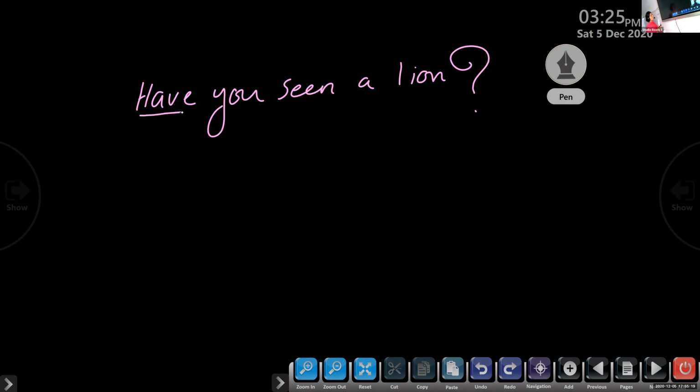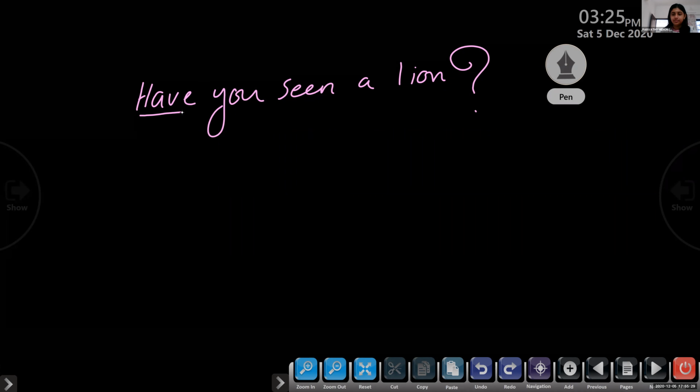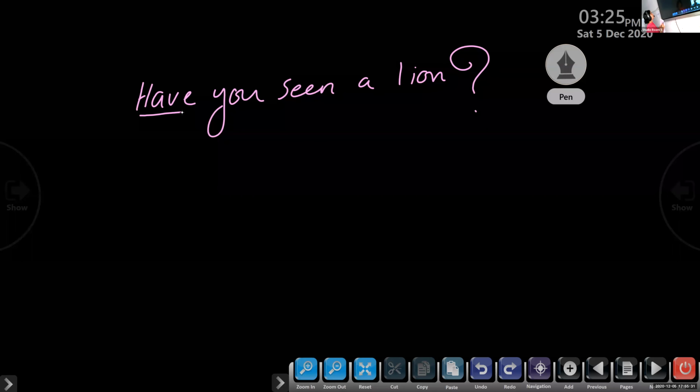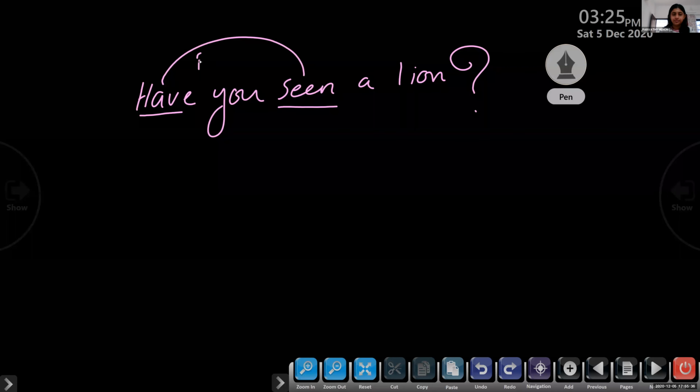First question to Parvati. Parvati, try to identify the tense of the sentence. Ma'am, present perfect. How? Tell me. Have and seen. Yes, have seen shows that the sentence is in present perfect. I agree. Absolutely right.